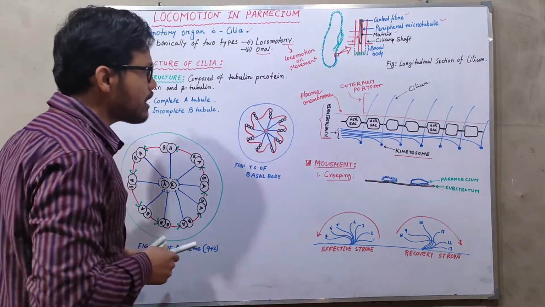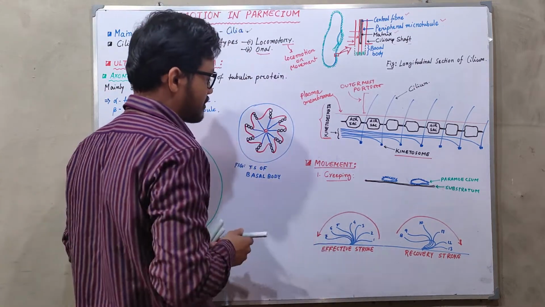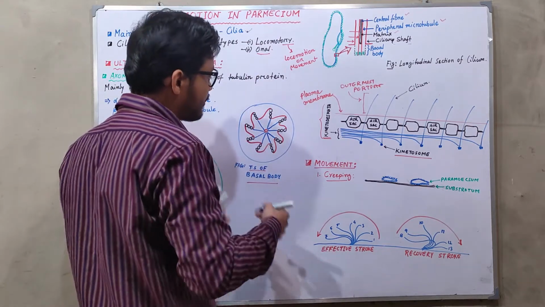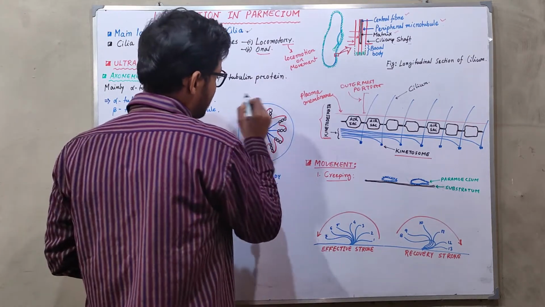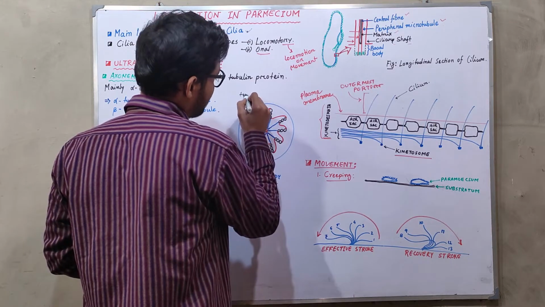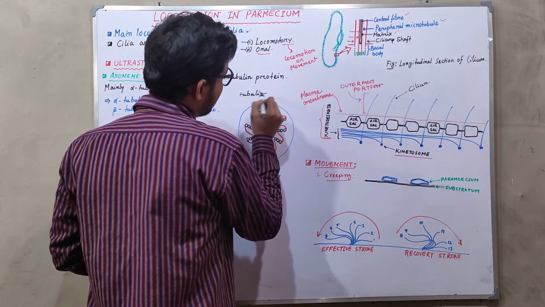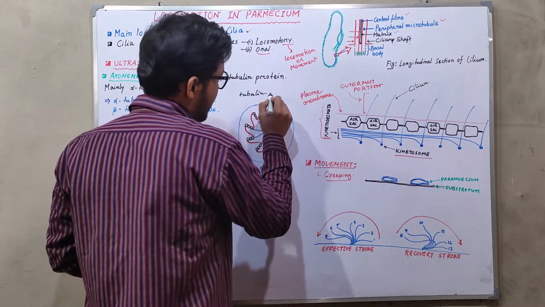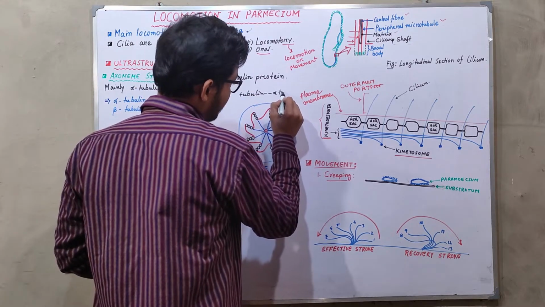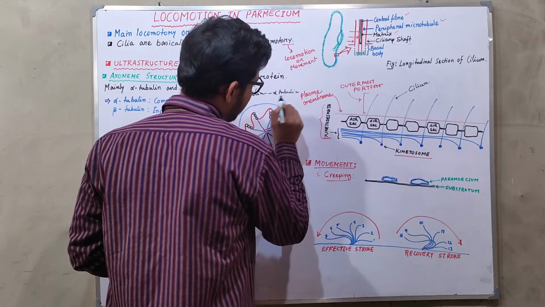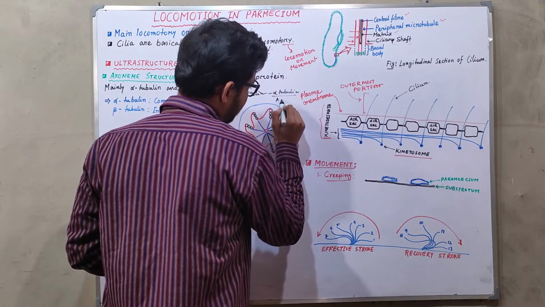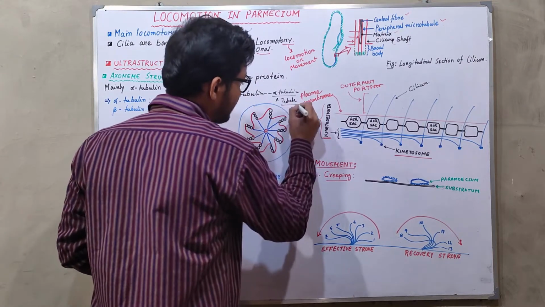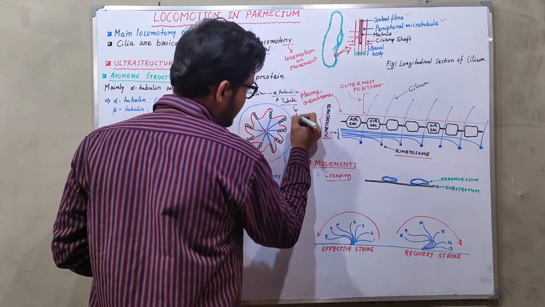Now consider the basal body structure. This is the TS of the basal body, made up of a protein known as tubulin. Alpha tubulin composes the structure of a tubule. These A tubules are complete tubules which consist of 13 subunits.